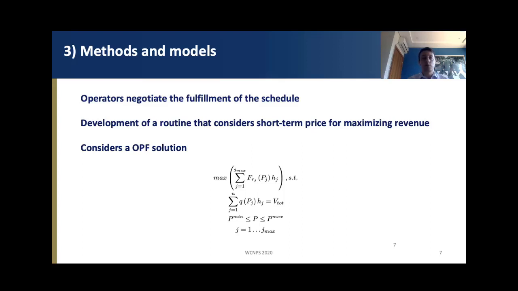bring this new type of operation, which is to negotiate the generation goal that we can bring using information from the power market. So we developed a routine that considers the short-term price for maximizing revenue, and it is based on an optimal power flow solution to maximize the revenue considering the price of electricity in our market.